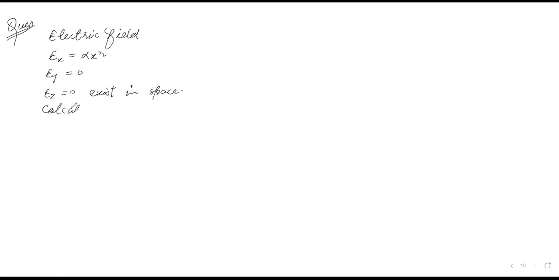Calculate flux through the cube and the charge enclosed by the cube.